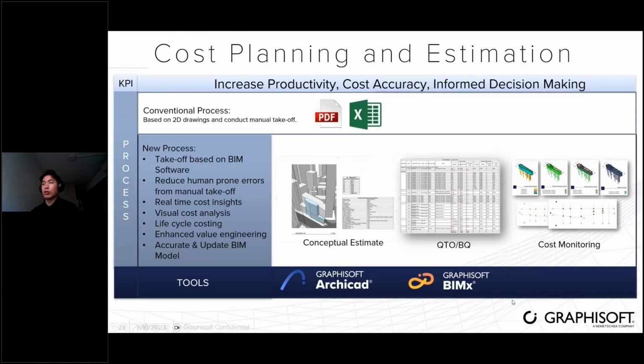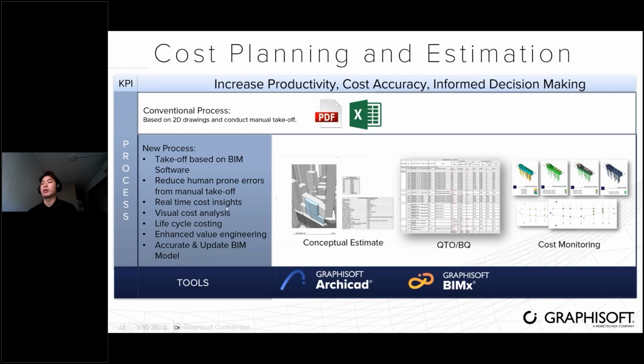All in all, the conventional process is all based on 2D and is not linked with the BIM model itself. But with this new process that we are implementing, it is based on the BIM model. Your takeoff will be based on the BIM model itself, and you reduce human error from manual takeoff. It will also give you real-time cost insight, because like what BIMx has shown, the processes are automated, and we also have all this costing information automated inside Archicad.